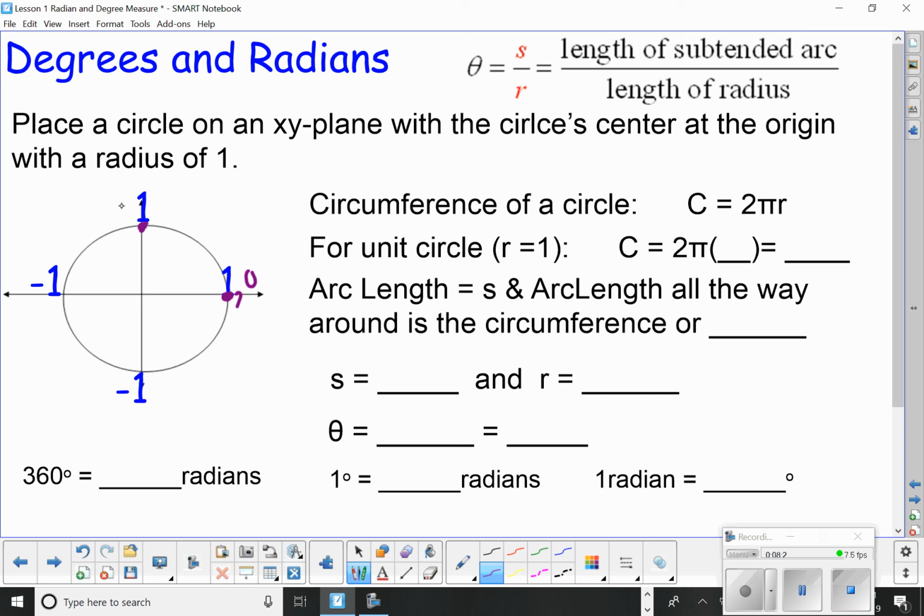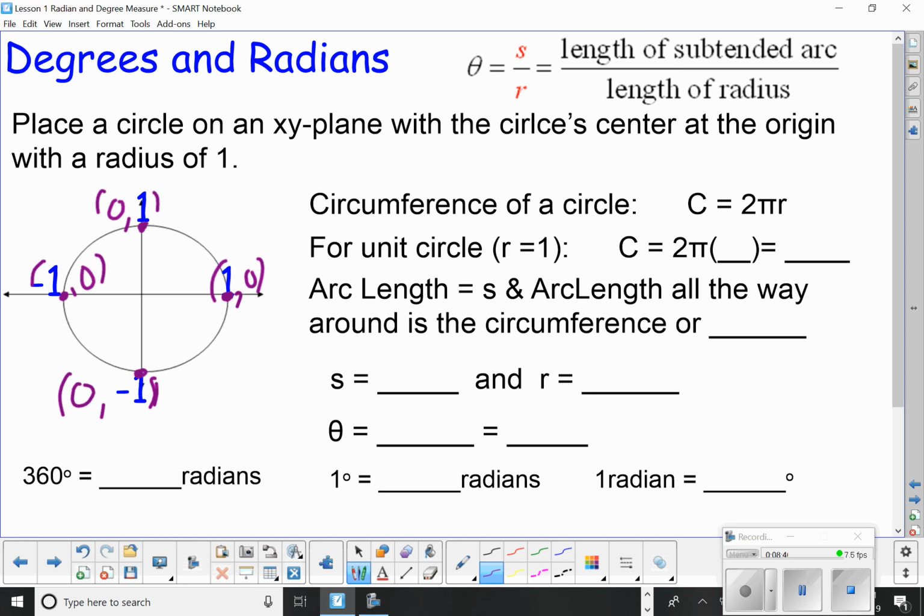Up here is 0, 1. Out here is -1, 0. Down here is 0, -1. Those are the points around the circle because the radius is 1.